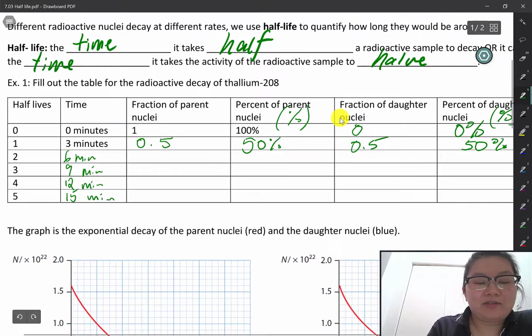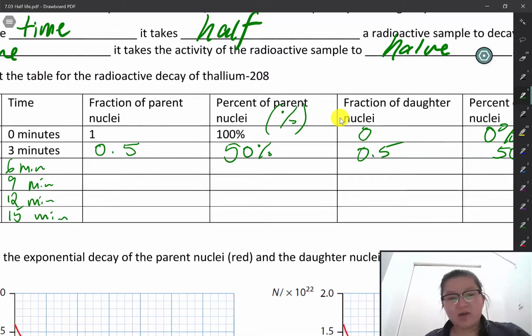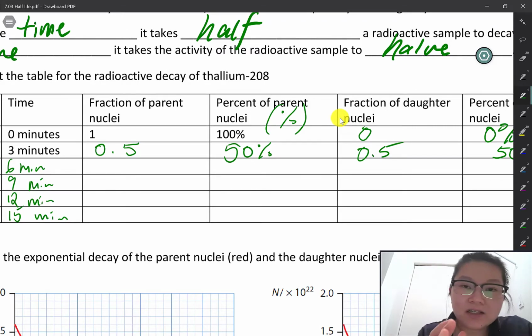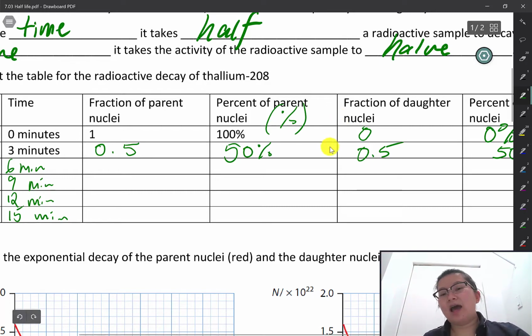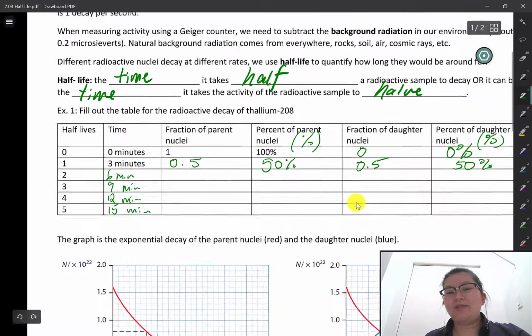After 6 minutes, half of the parent will decay again. It's not half of the full, it's half of the half.